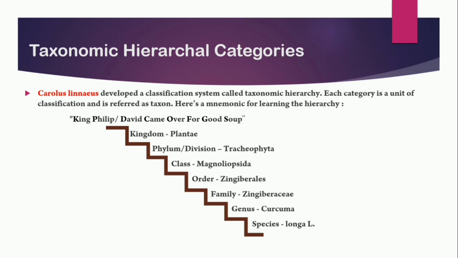Similarly, each category can be called as taxa. Now just look at the example I have written just after these hierarchical categories. Kingdom, Plantae, phylum or division, Tracheophyta, class, Magnoliopsida, order, Zingiberales, family, Zingiberaceae, genus, Curcuma, species, longa, L.